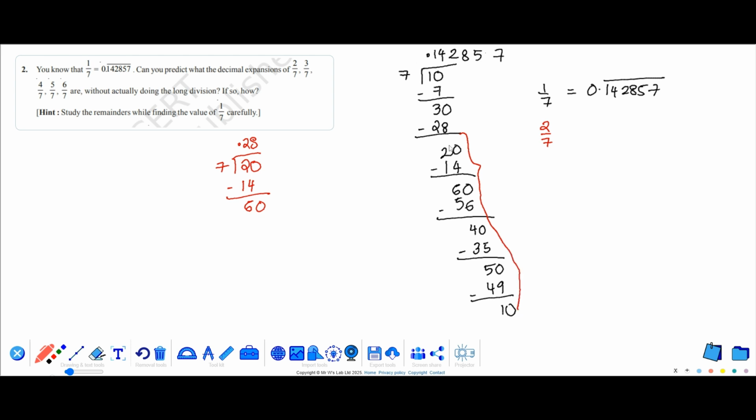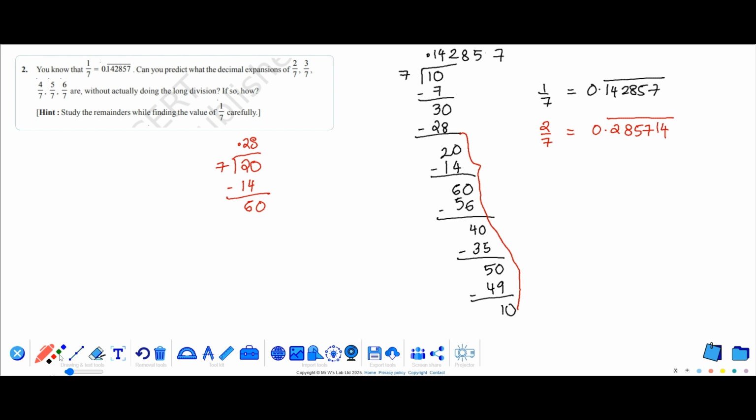Except that it started with 20. So the repeating digits will be like 2, 8, 5, 7, 1, 4. Therefore, 2 by 7 is equal to 0.285714. Now it will circle back, no? Because we started from 20. So 1, 4.